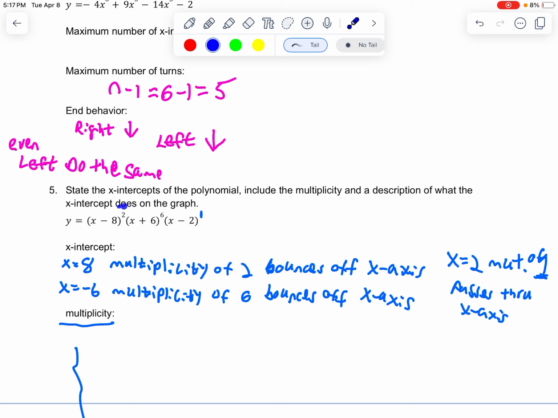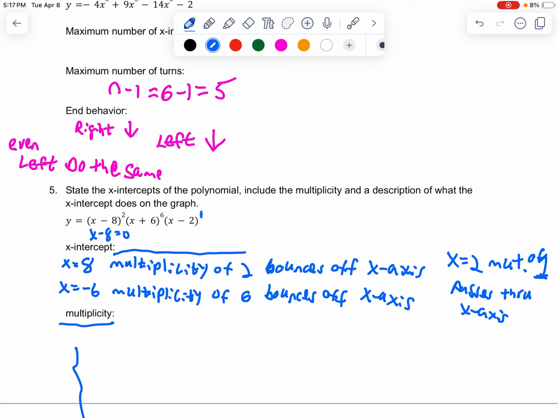Okay, the multiplicity is the degree on the factor that gives you the 0. So we get x equals 8 because that's from this one right here, x minus 8 equal to 0. But since it's squared, it's a multiplicity of 2. Okay? And because it's squared or even powered, it's going to bounce off the x-axis.